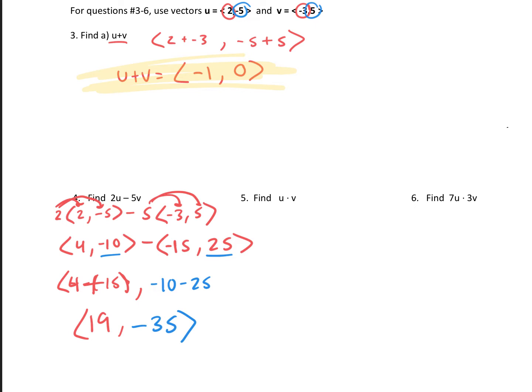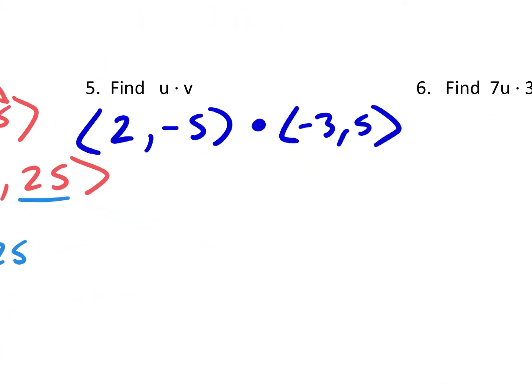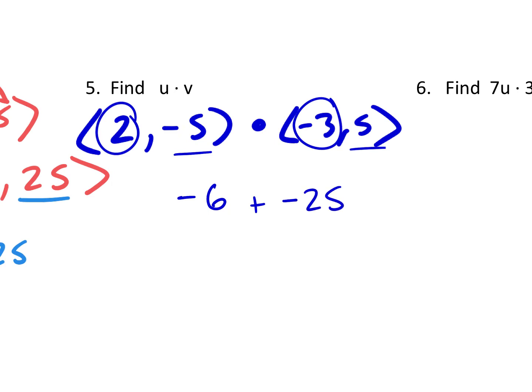I'll rewrite the vectors down here so we can see it. So 2, -5, and -3, 5. So when we take the dot product, we multiply the first times the first and then add it to the second times the second. So this would be -6 plus -25. So it would give us -31.